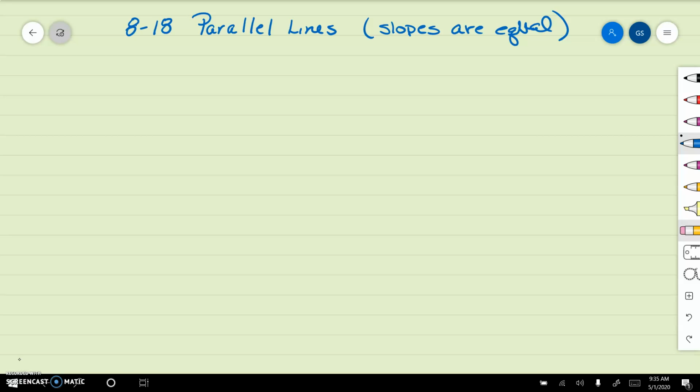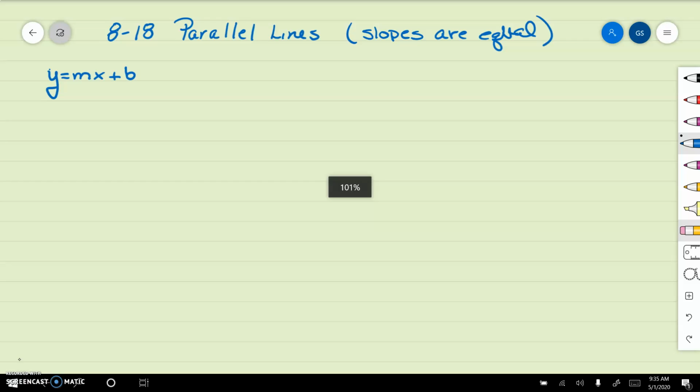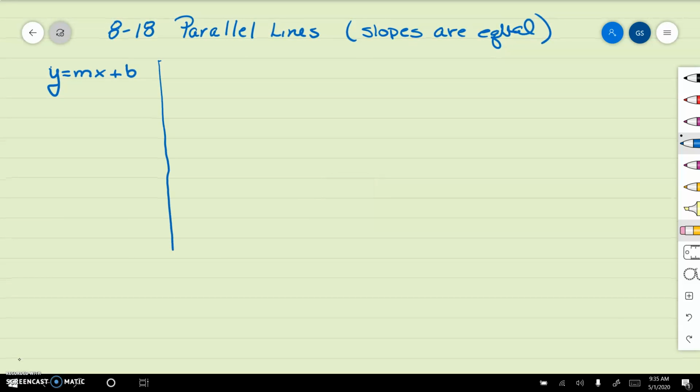All right, so we're going to try to make some columns here. My first column is y equals mx plus b. I'm going to try to make a straight column here. All right, pretty good.